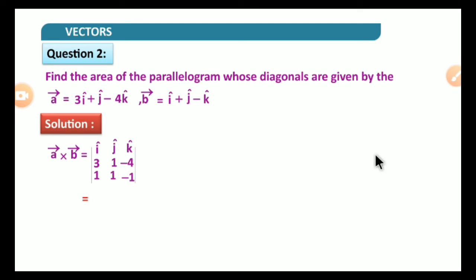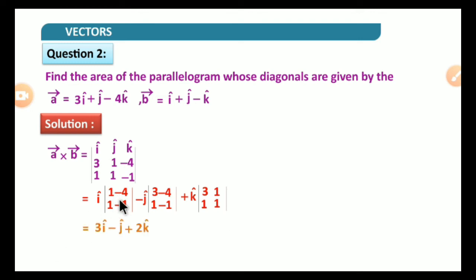Now, after the simplification of this determinant: i into the determinant of 1 minus 4, 1 minus 1, minus j into the determinant of 3 minus 4, 1 minus 1, and plus k into the determinant of 3 1, 1 1.